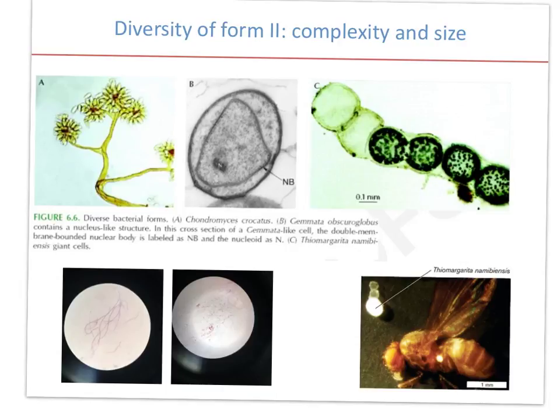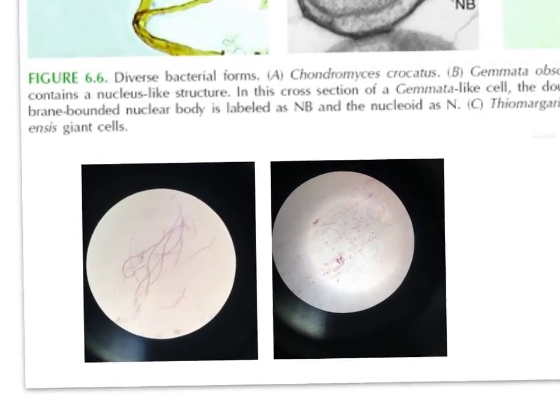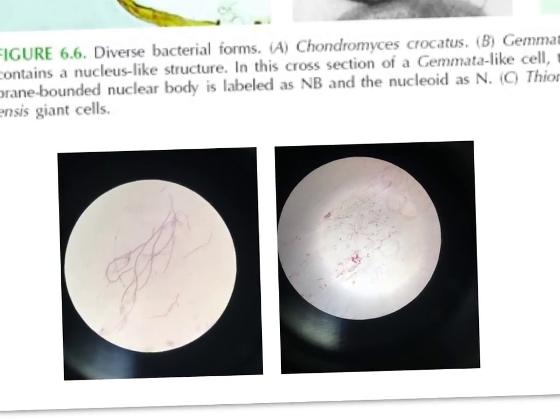By way of example, I put Anthony's picture from his isolate here. He's not here, but this is his isolate, and you can see that it's a little bit unusual. It has these very, very long filamentous structures, and they have branching patterns.